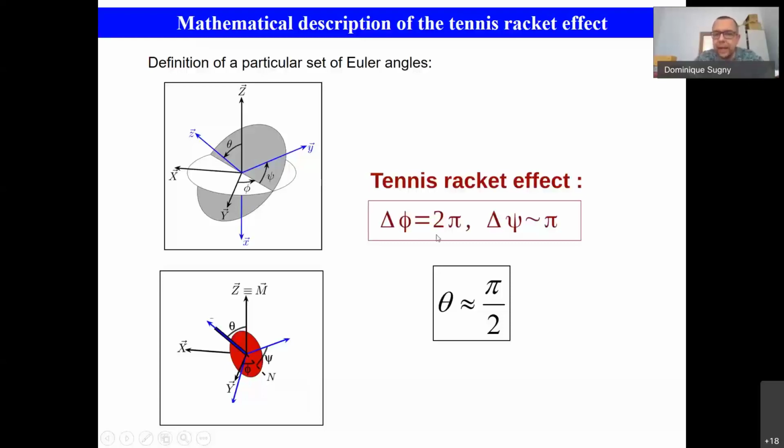So at the end, delta phi will be equal to 2 pi. So delta phi finally measures the full rotation of the handle. And during this full rotation, we also have a twist of the head of the racket, and this twist is given by a variation of psi, which is of the order of pi. Okay, so we have pi if we have a perfect tennis racket effect, and otherwise we have something which is of the order of pi.